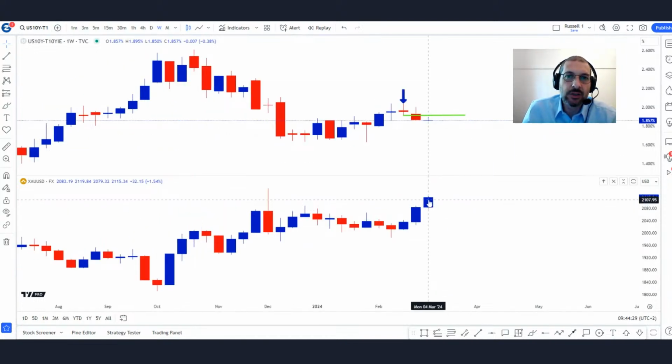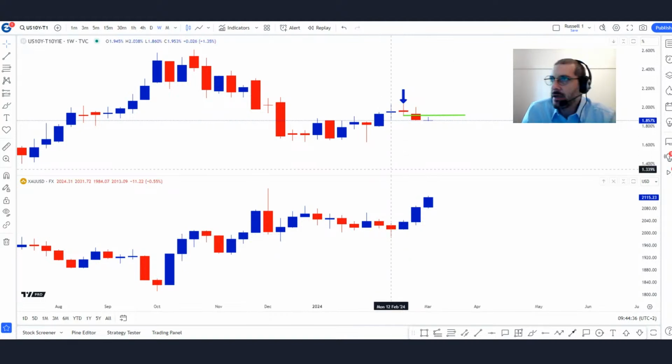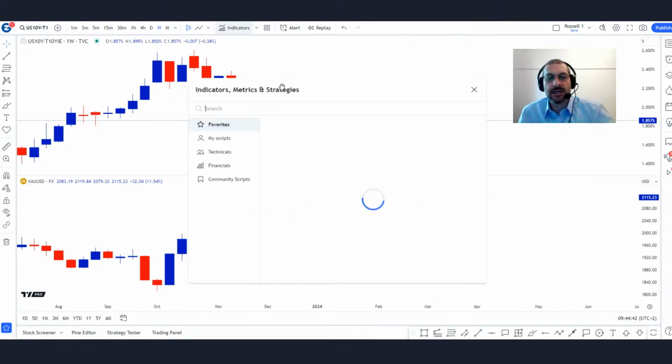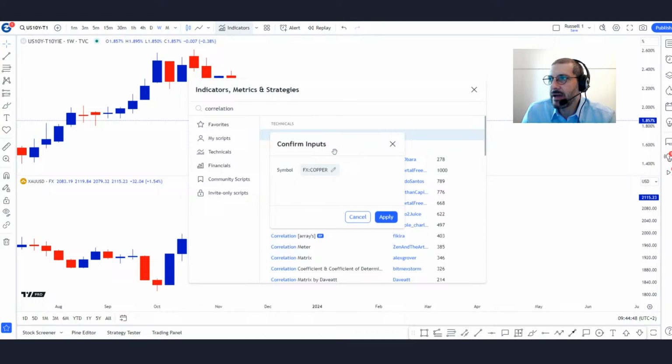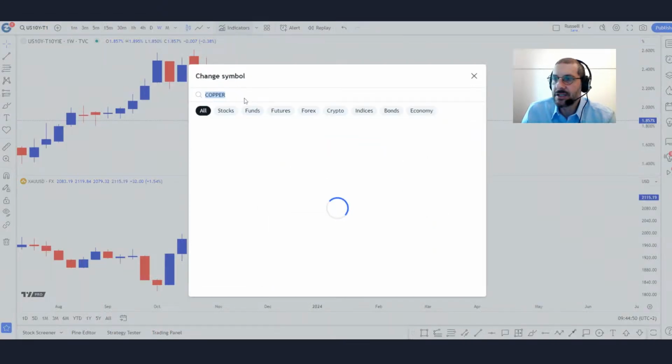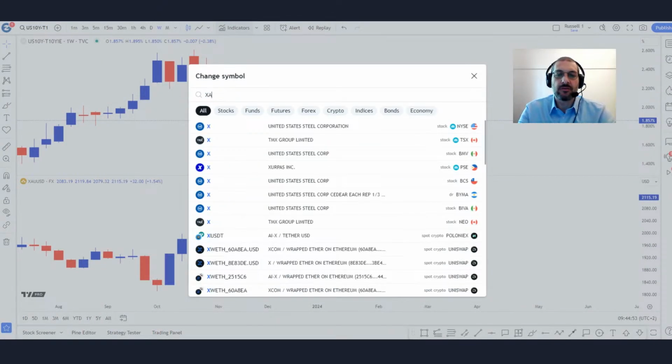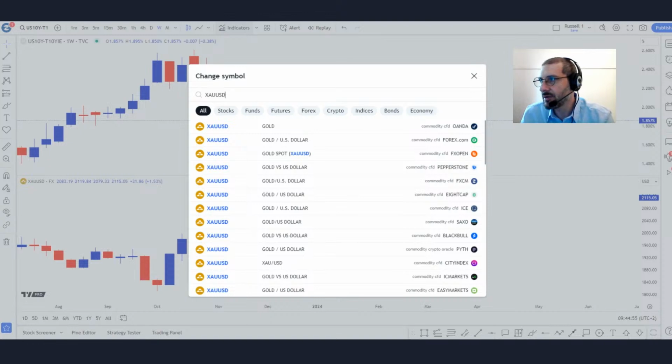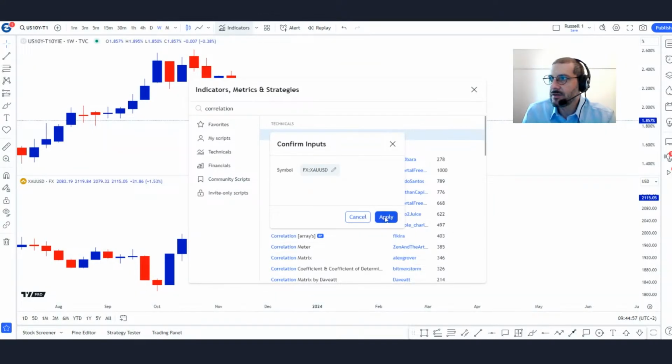And what I'd like to do is put in a correlation coefficient, because something interesting is happening here. Just click on indicators and type in correlation coefficient. Make sure that when you've chosen correlation coefficient that we put it as gold, XAUUSD. We'll use the FXCM instrument.